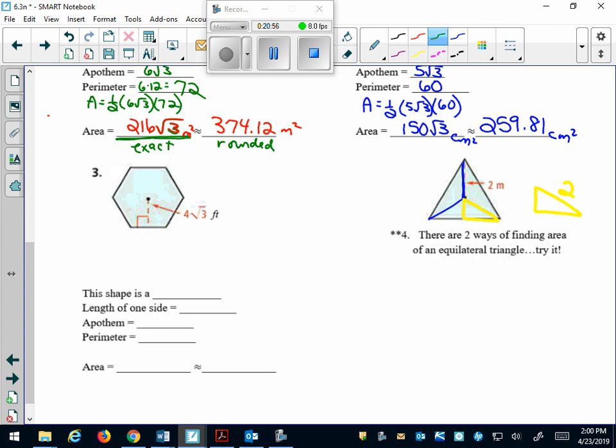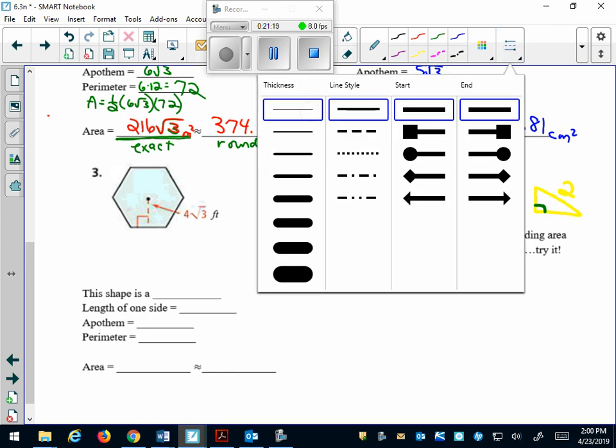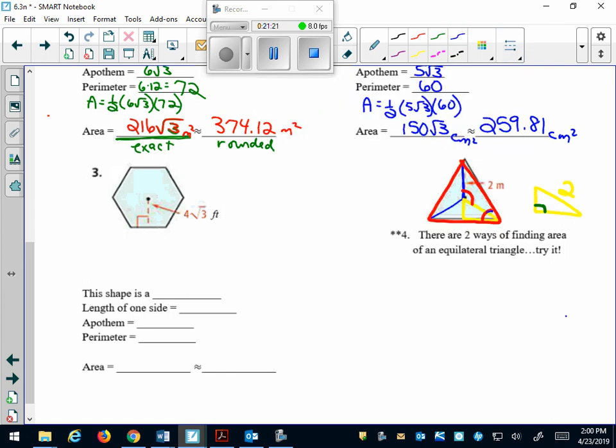Well, what kind of a triangle is this? Is this a special right triangle? Well, if this is an equilateral triangle, what's this whole angle? 60. And if it's 360 around, what's a central angle? 120, right? Okay, so therefore, yes, this is actually a special right triangle. If this whole angle is 60, we cut it in half, it's 30 down here.